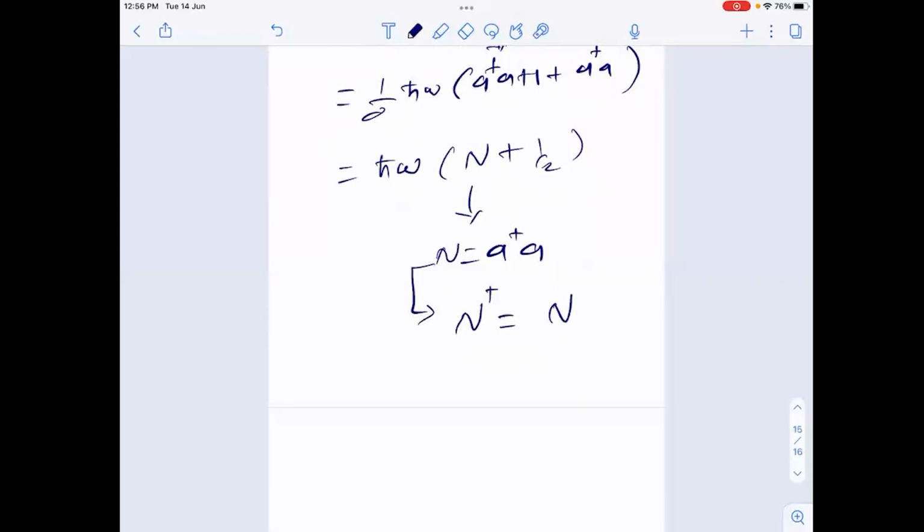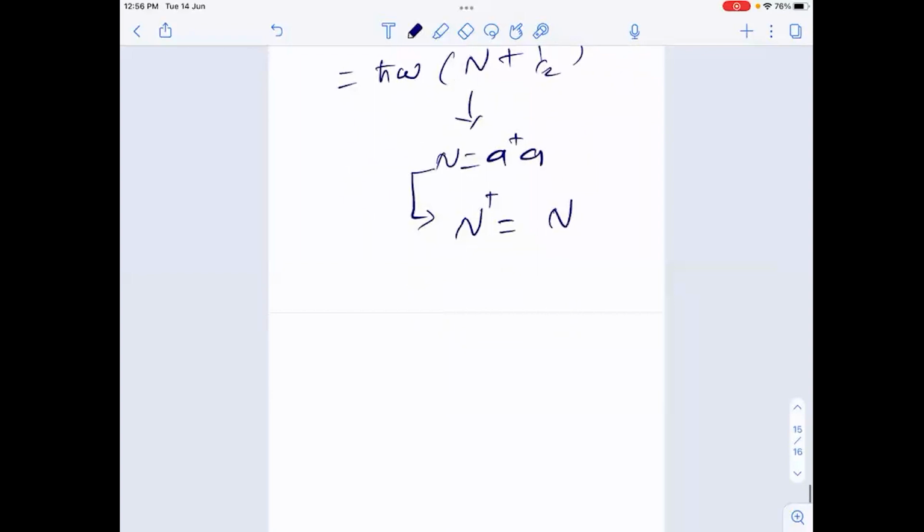So it can be verified that this n itself is a Hermitian operator, right? Okay. And it will have real eigenvalues. Fine. So our operator n is known as our number operator because it's relating to the states. So if we find the commutation relation of this n with A and A dagger, what do you think it will be?